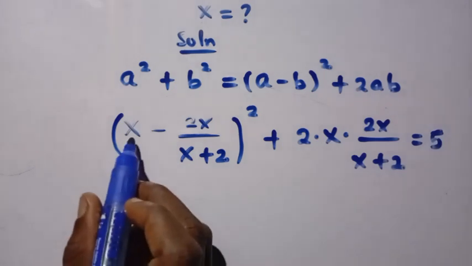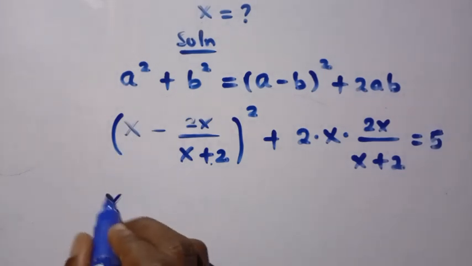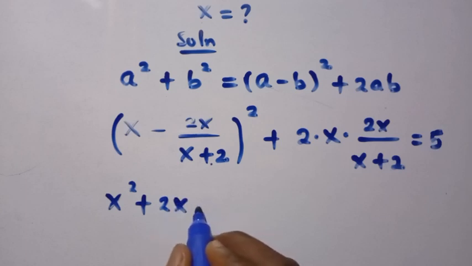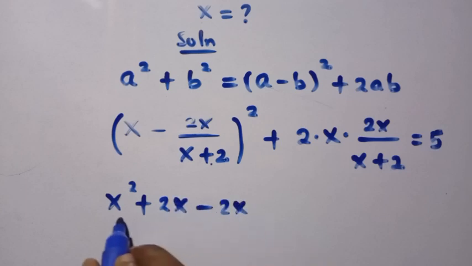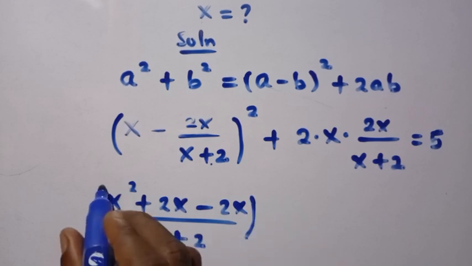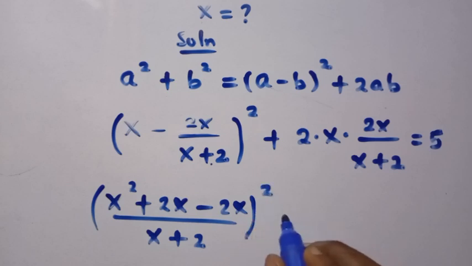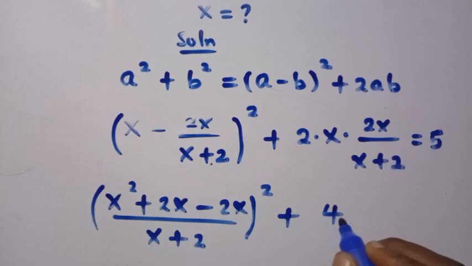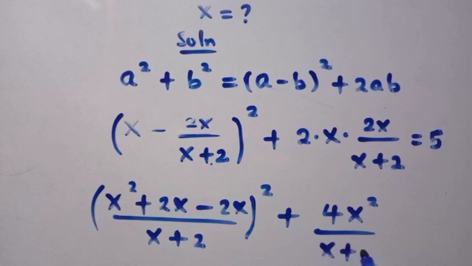Then when we multiply this together, we have (x squared plus 2x minus 2x over x plus 2) all in brackets raised to power 2, plus 2 times 2, that is 4, and x times x we have x squared, divided by x plus 2, equals 5.